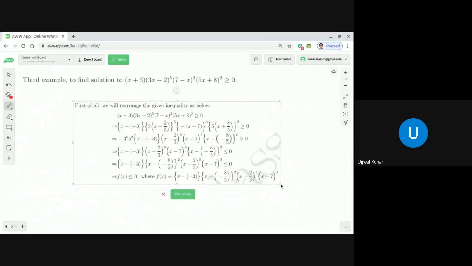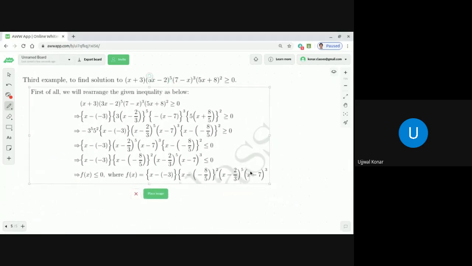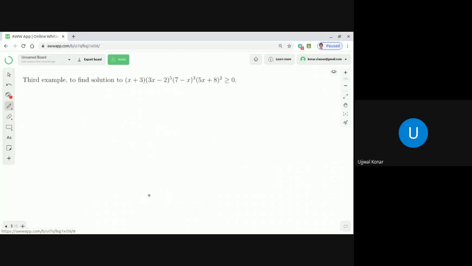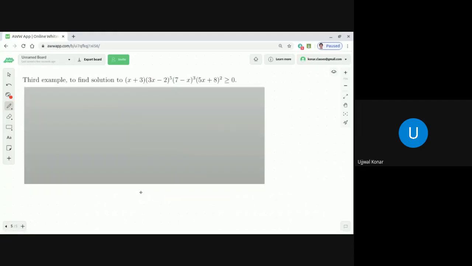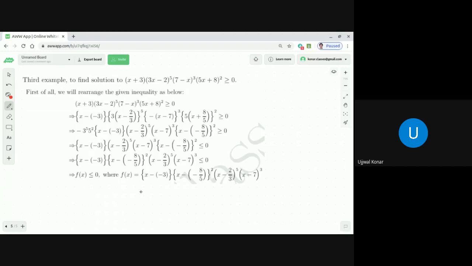Here, I want to give you 2 minutes. You just go through it and understand each and every step, that yes, sir, there is a proper justification why you have done this rearrangement. If you have any smallest doubt about why sir has done this kind of rearrangement, please do let me know. I am not going to explain here why, because I already explained it in the last few examples.